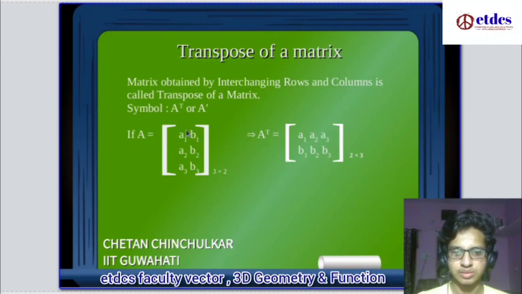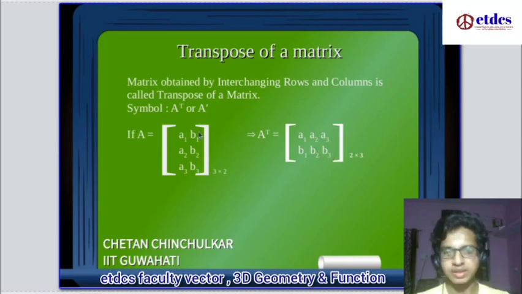We make the first row the first column, the second row the second column, and the third row the third column. So we interchanged the rows with columns, and the new matrix we get is known as the transpose.